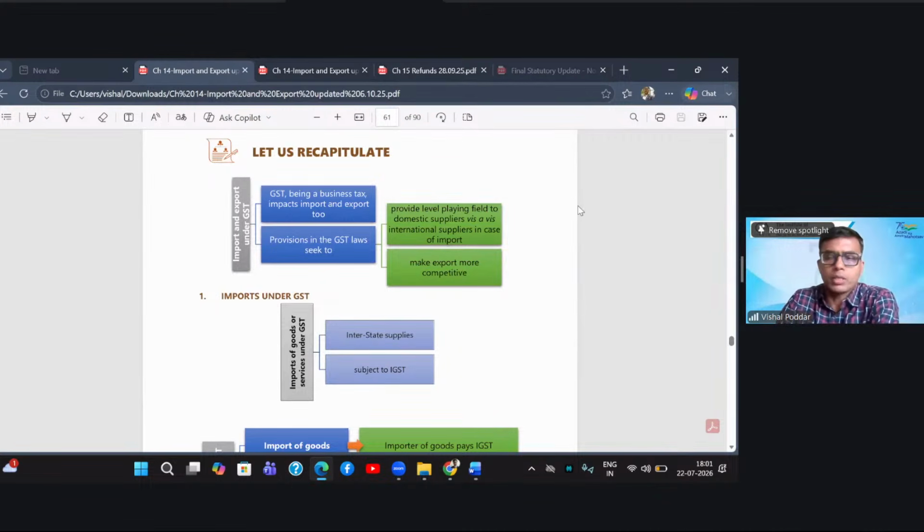Now, here we need to understand that when we talk about international transactions, you already have a specialized law in the form of customs, which deals with international transactions, which we also refer to as import and export.